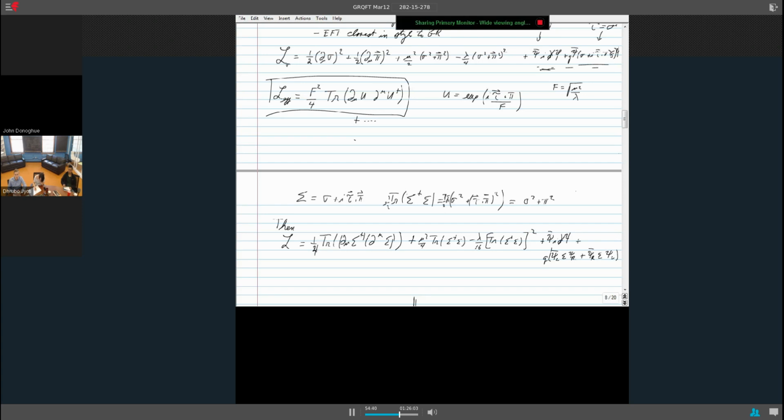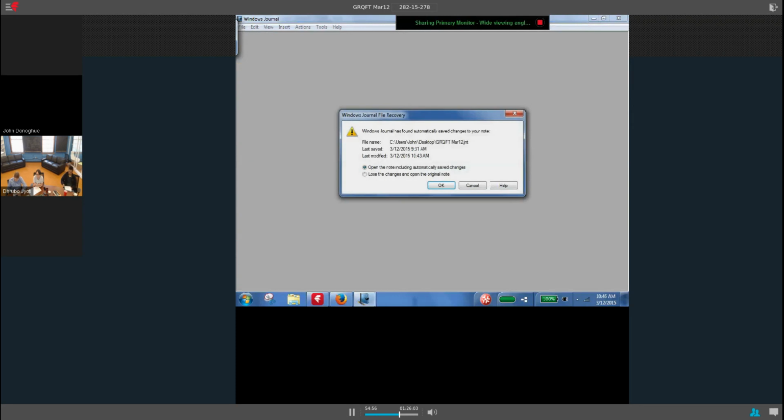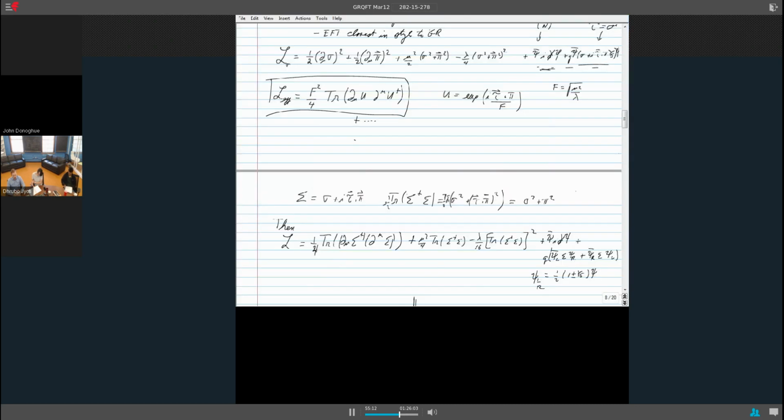So I take 1/2 d mu Sigma dagger d mu Sigma. That gives me the sigma squared plus pi squared pieces. Then I get plus mu squared over 4 trace Sigma dagger Sigma, minus lambda over 16 trace Sigma dagger Sigma, squared.